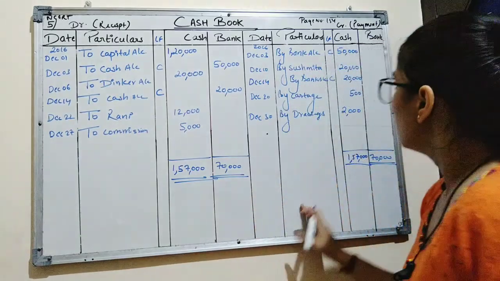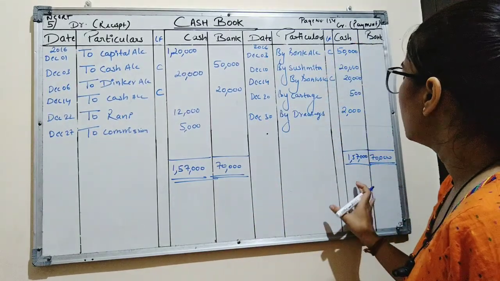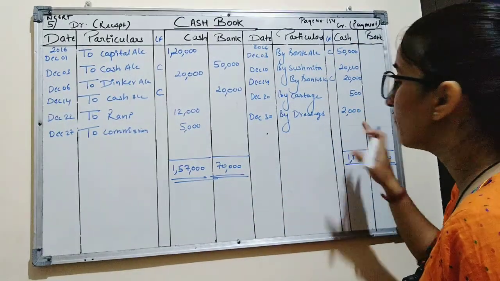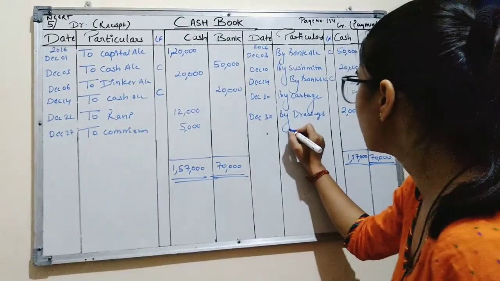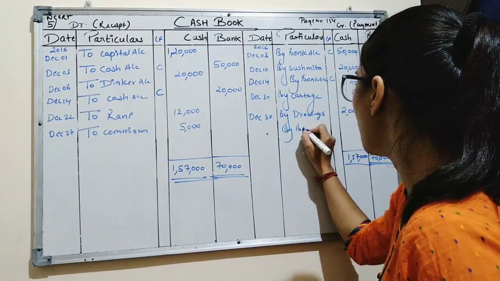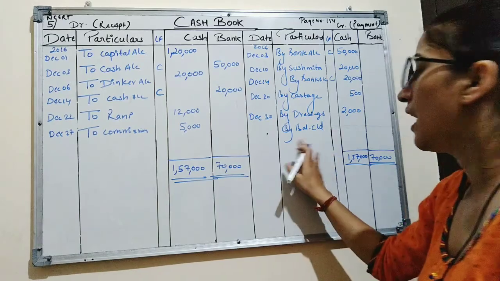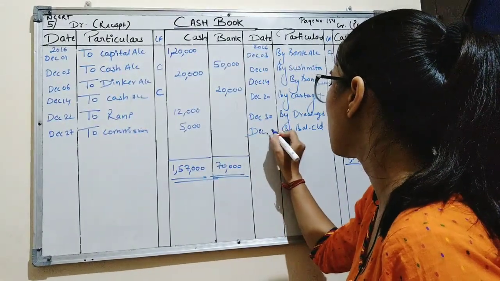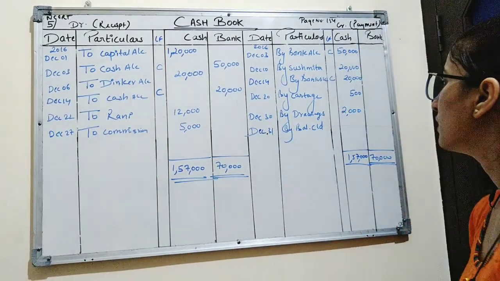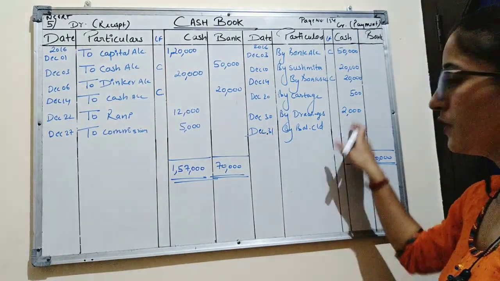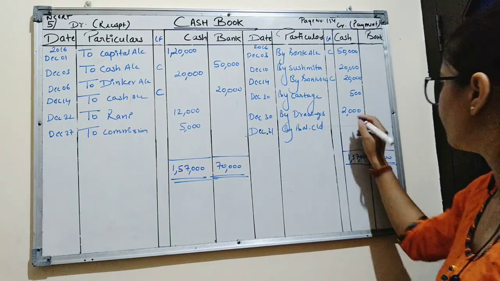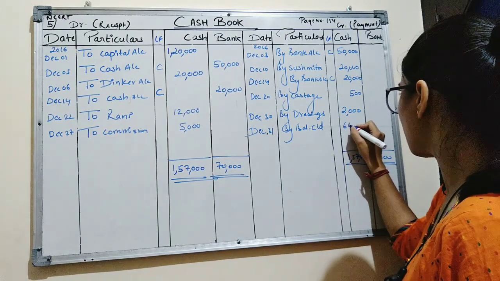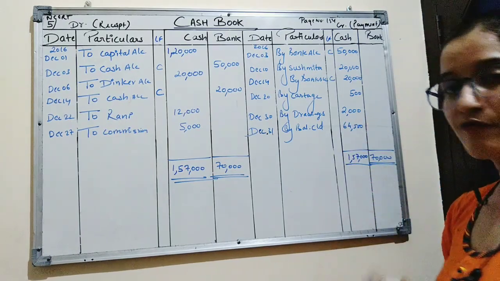Now, in credit side of cash column, there will be a balancing figure. So we will write it as by balance carried down. And the balance is carried down at the end of the month. So we will record the date as 31st December. So the amount required to balance this column is 64,500.